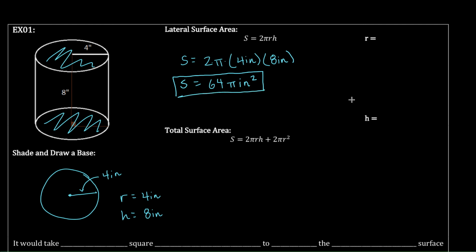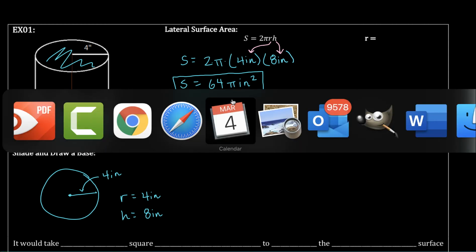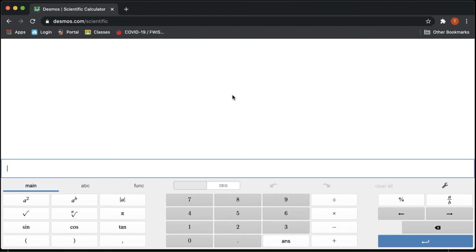I'm actually going to draw some arrows so we can see. R's right there. H is right there. Okay, that's our exact answer, but let's go ahead and get an approximate answer. So 64 pi. I'm going to go to Desmos. 64, and then pi.